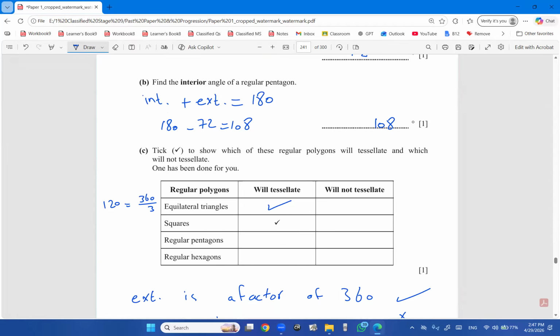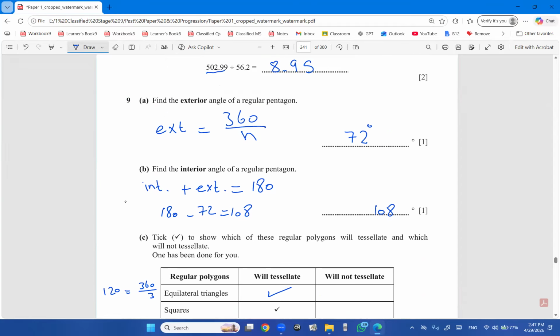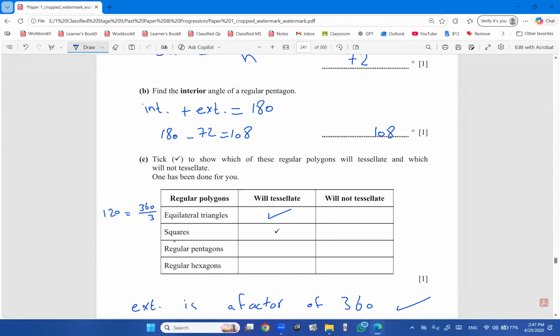The regular pentagon, we have just done it over here, stating that the exterior is 72 degrees. Then you're going to find that 72 degrees is not a factor of 360. There is nothing that you multiply 72 by and it gives you 360. So it does not tessellate.